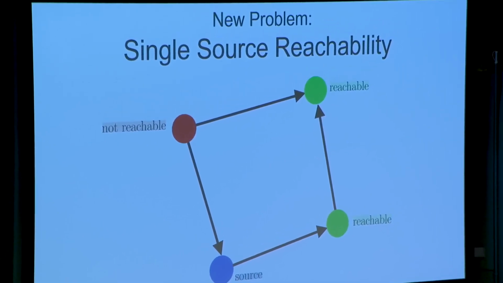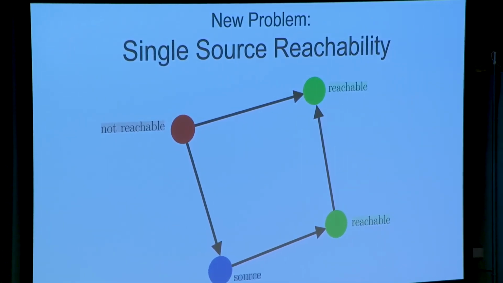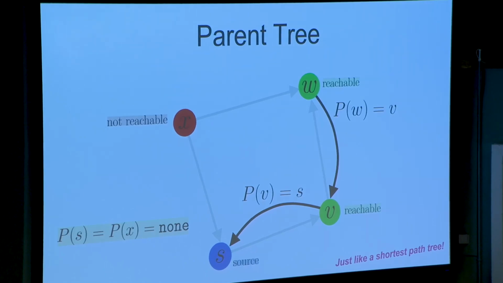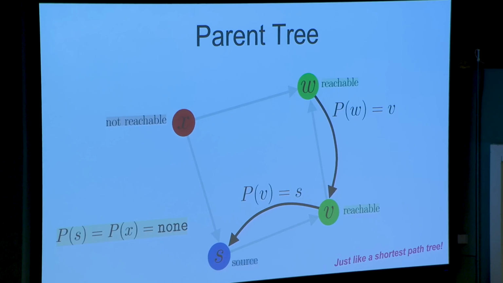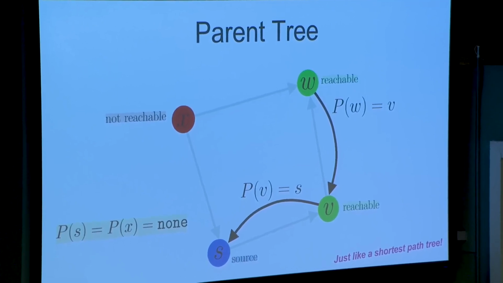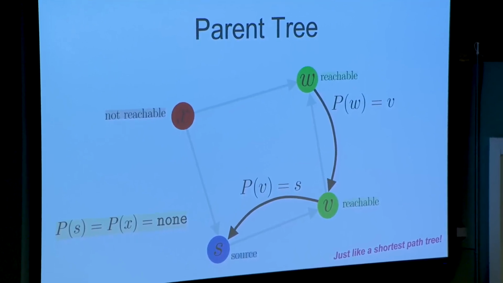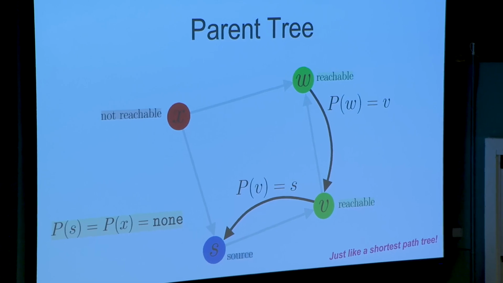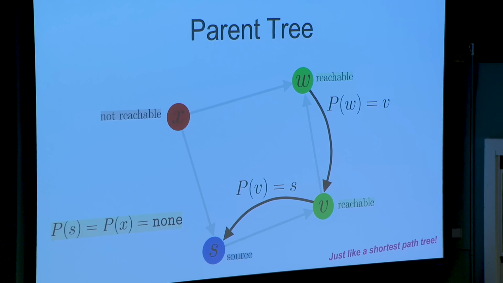So in order to do that, just like last time, remember we defined a particular data structure that was the shortest path tree. We can do something very similar here. In particular, this is the extent of my PowerPoint skill. If I have a reachability problem, I can decorate every node in my graph with one other piece of information, which is the previous node along some path from my source to that thing.